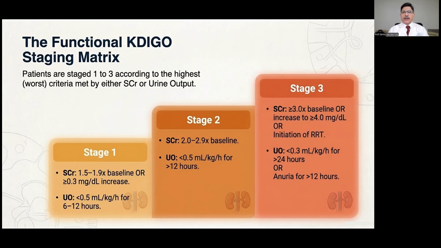Stage 3, serum creatinine more than 3 times or more than 4 milligrams, or RRT is initiated. Urine output, of course, is less than 0.3 ml per kilogram per hour persisting for 24 hours, or the patient is in anuria. So patients are staged between 1 and 3 according to the worst criteria met by serum creatinine or urine output.